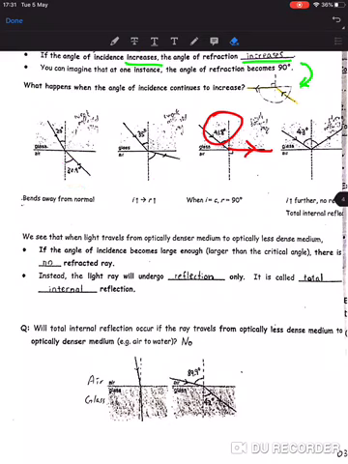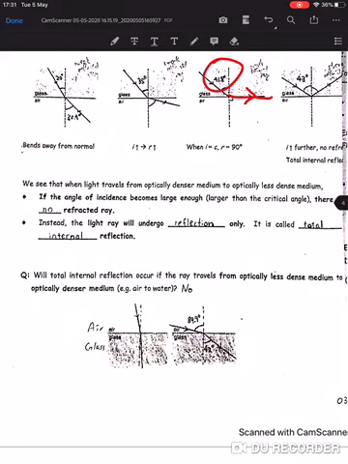At 41.8 degrees, all the light will go 90 degrees. Where does it go? Okay? So let's put into words what we have observed so far.